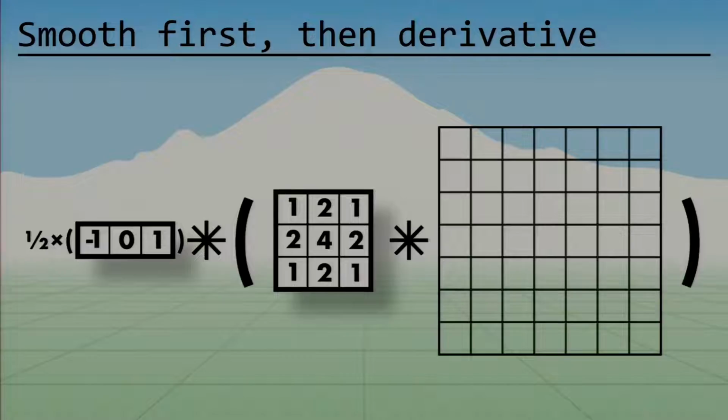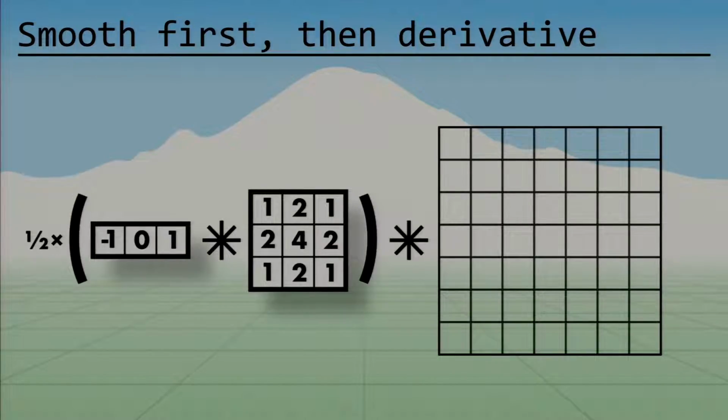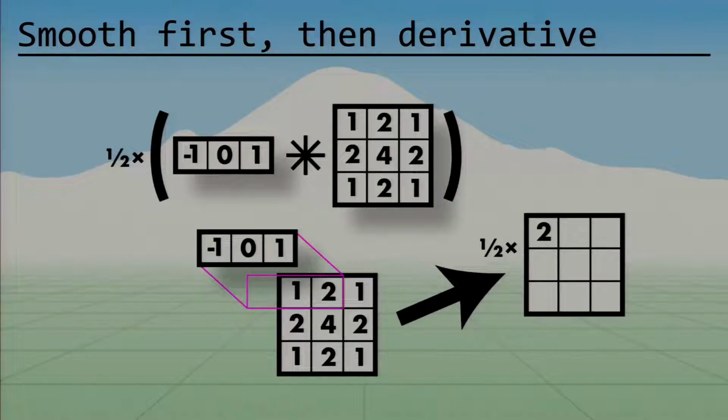So we have our derivative in the x direction, and we have our little Gaussian smoothing filter. As we talked about, we smooth the image first, and then take the derivative of it, or estimate the derivative with our filter. But we talked before about all these nice mathematical properties of convolutions. So we can use the associative property to instead first convolve the gradient filter with our Gaussian smoothing filter.